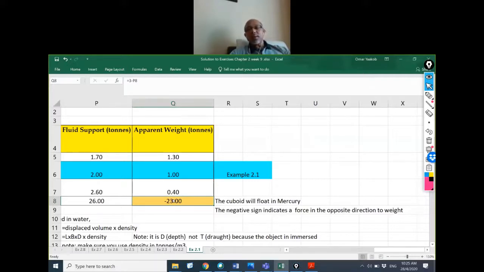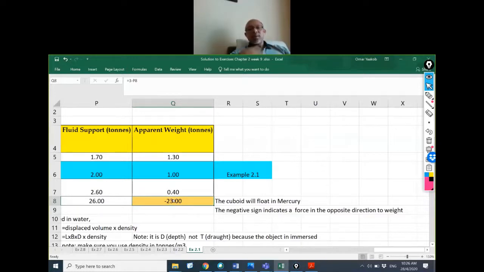So that means this box inside mercury is just like a basketball that you push down in a pool of water. So you push, so you have a negative weight, which is positive buoyancy. Yeah. So when it is positive buoyancy, then this cuboid will move up and it will float in mercury.